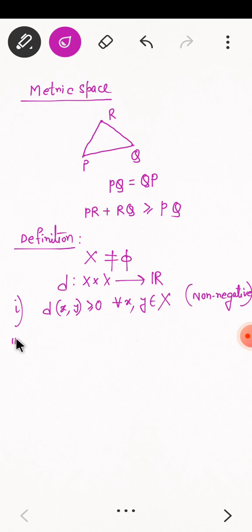Second is D of xy, the distance of xy, equal to 0 if and only if x equal to y. This is the identity property.